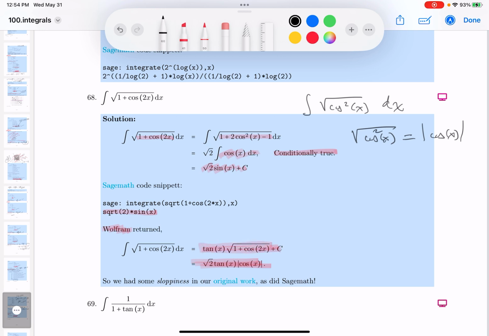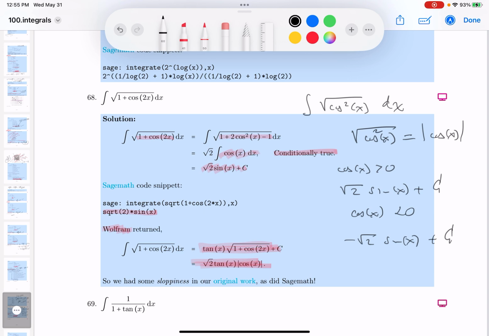But if you were to write this down, the correct answer would actually be, there's a condition over here: is the cosine of x greater than 0? If that were the case, the correct answer would be this over here. And if the cosine of x were less than 0, this would be the correct answer.